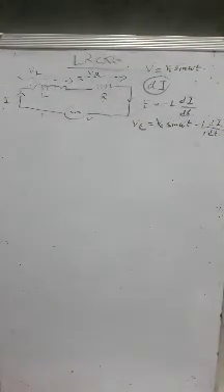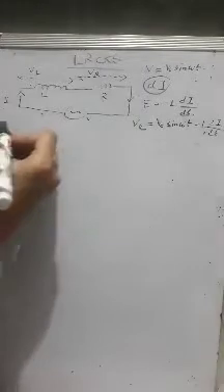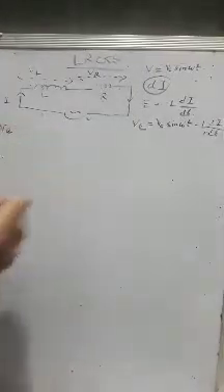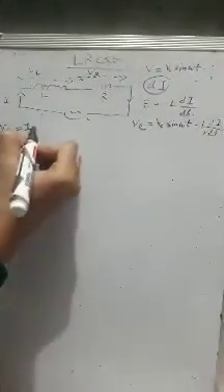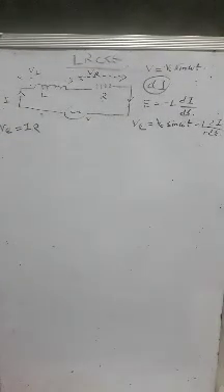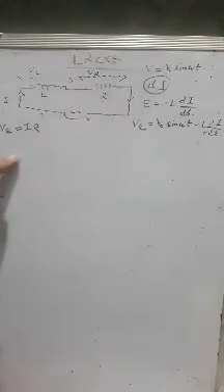According to Ohm's law, what can we write? V equals IR. So I am writing here VE equals IR. Where the resistance, if any, of the inductor L is included in R, this equation is valid.